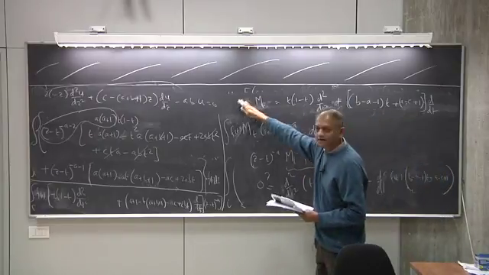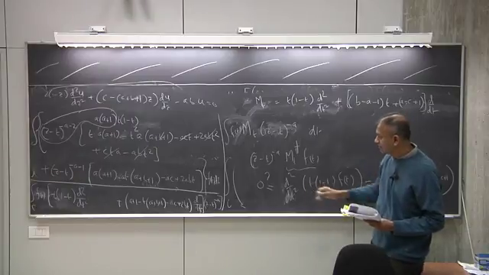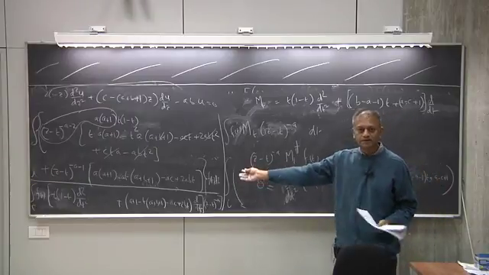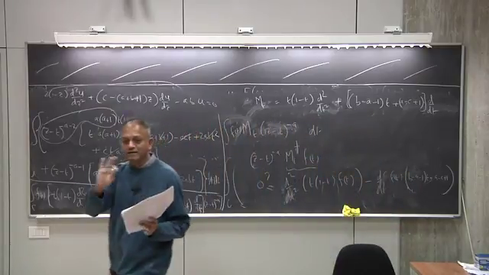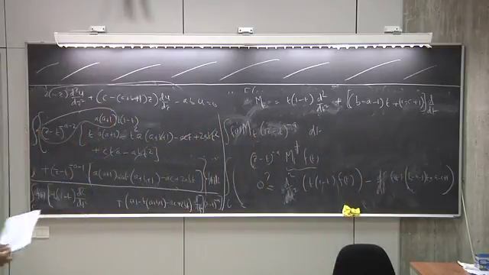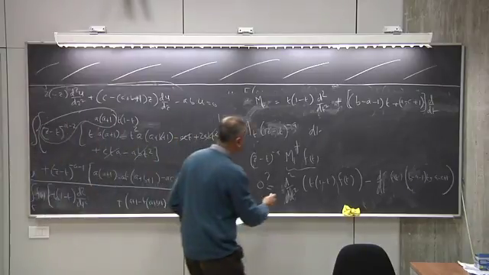Anyway, we want to make it 0, so it doesn't matter whether it's minus 0 or plus 0, so long as there's no relative sign problem. The relative sign should be the same. Okay, so this is the equation.